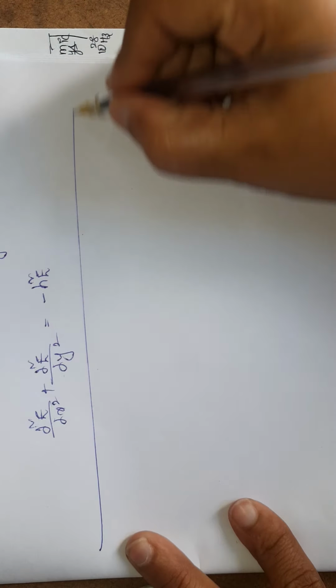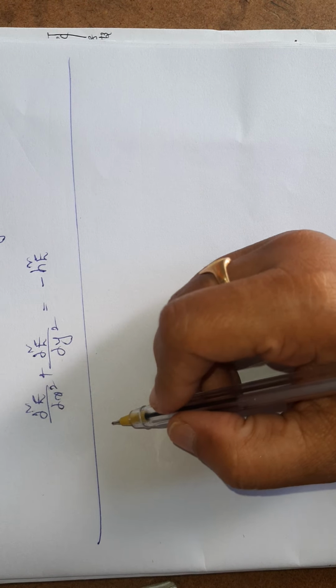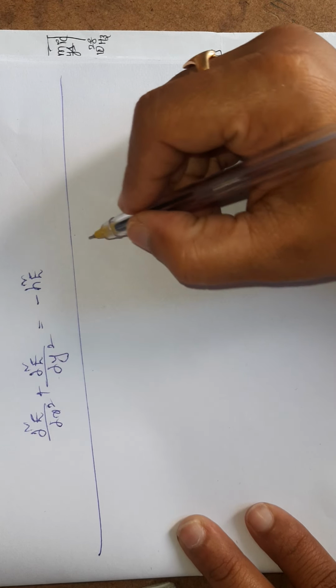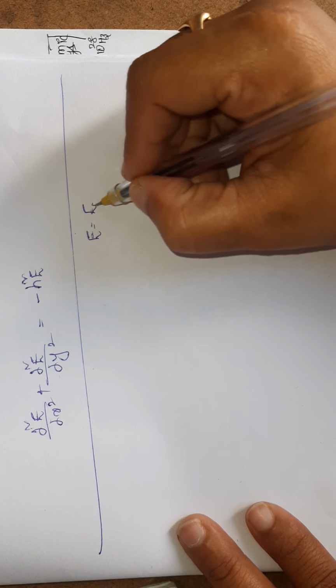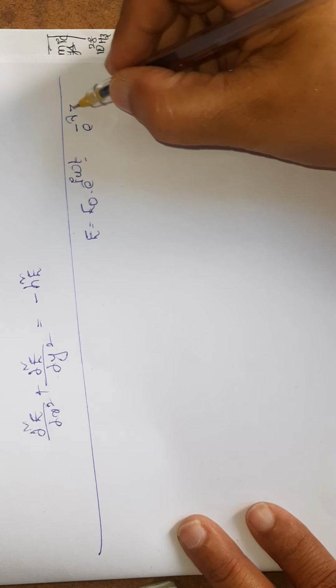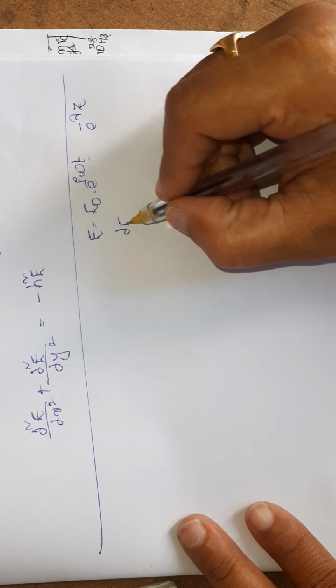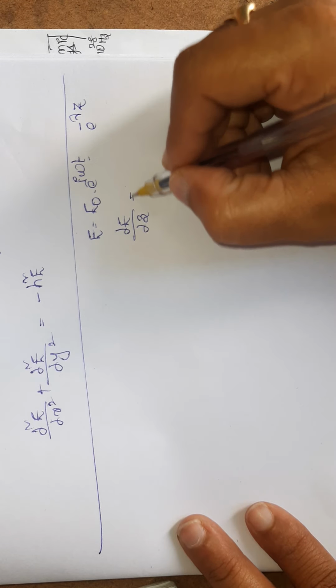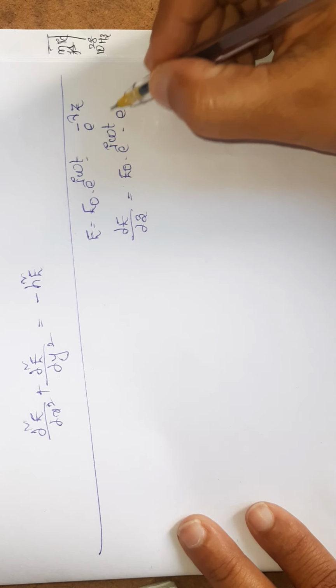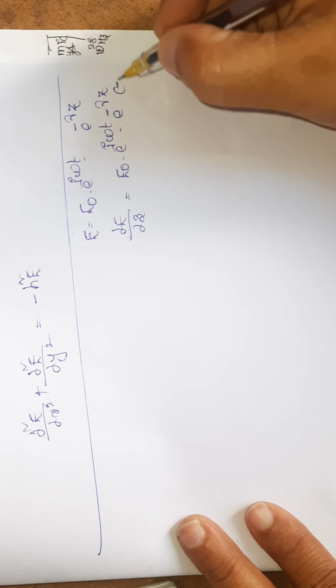So here we know that every electromagnetic wave can be represented as E = E0 e^(jωt) e^(−γz). If I do the differentiation with respect to z, I will get E0 e^(jωt) e^(−γz) into minus γ.